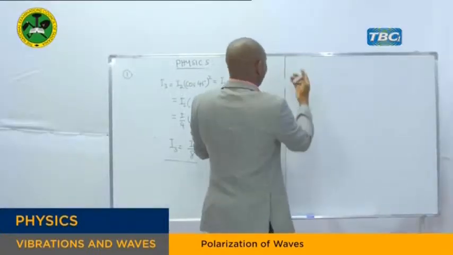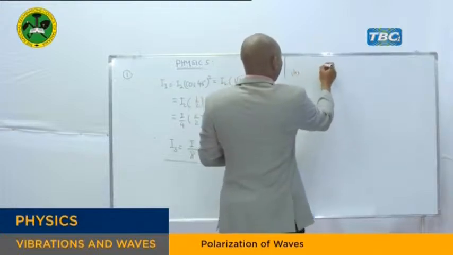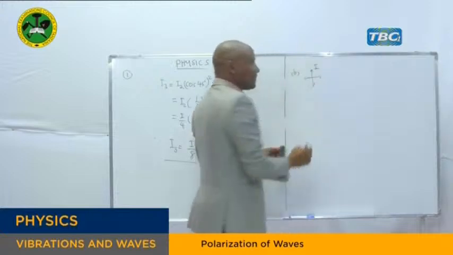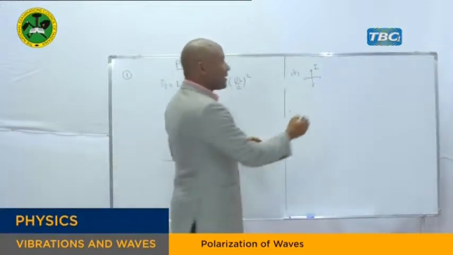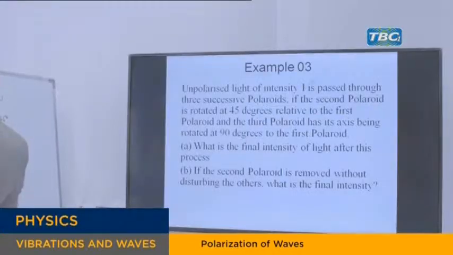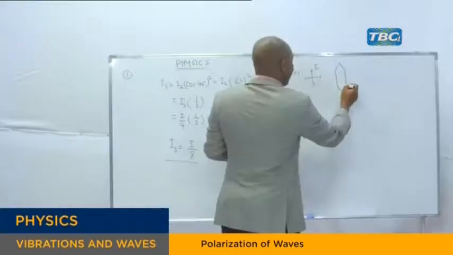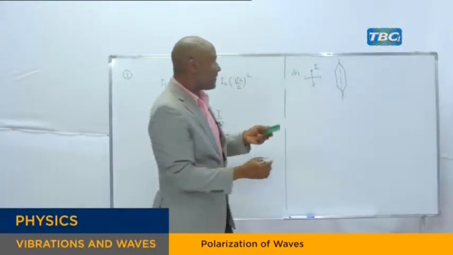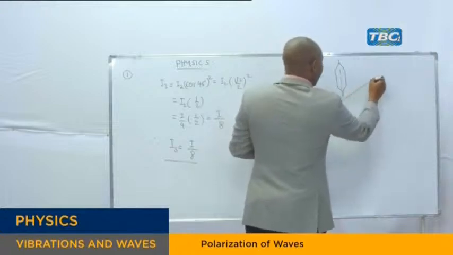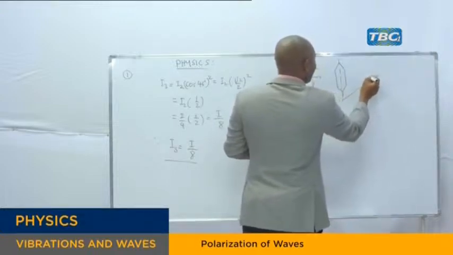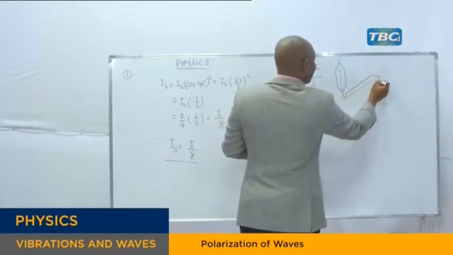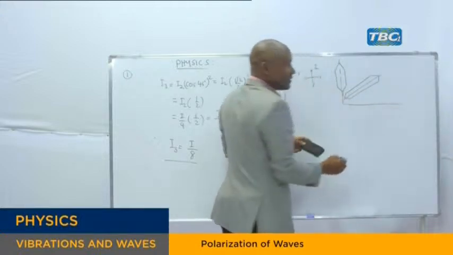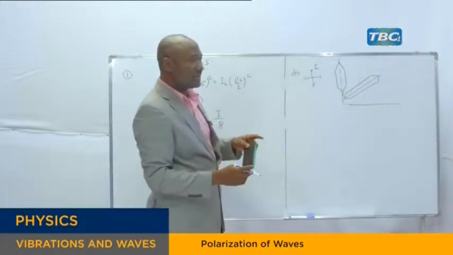See what this part B is talking about. In their first arrangement, we had unpolarized light with intensity I, and the first polarizer here is vertical, and then the second polarizer was at 45 degrees, and the third one is at 90 with the first.